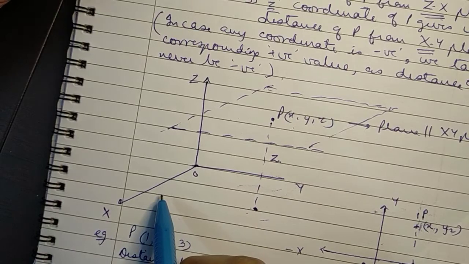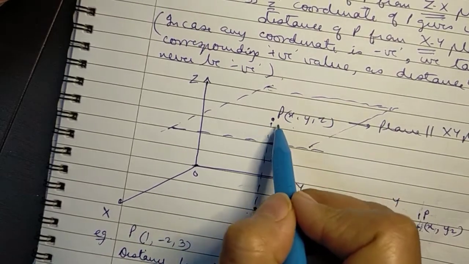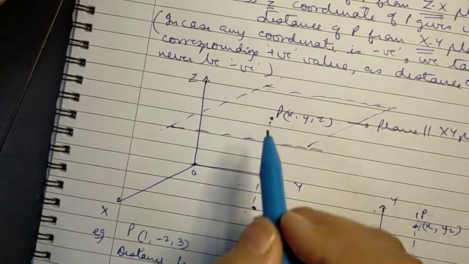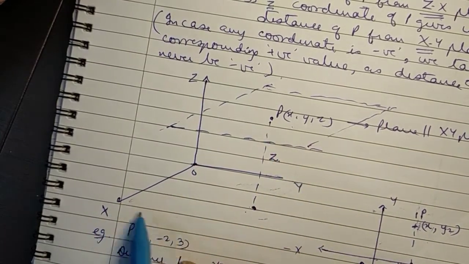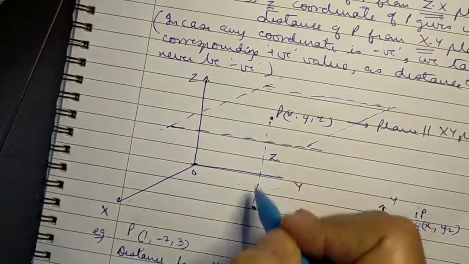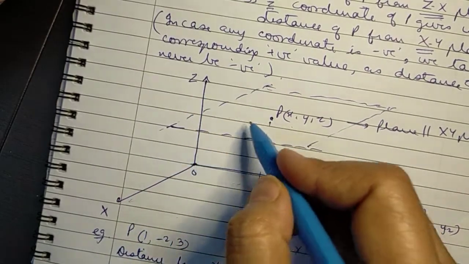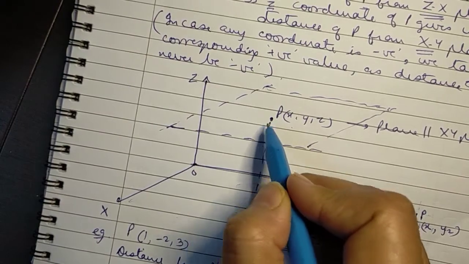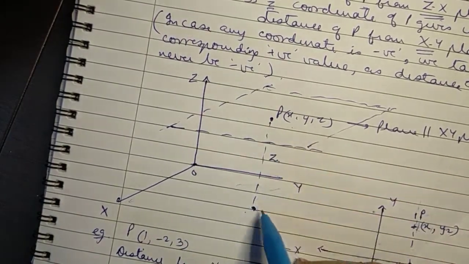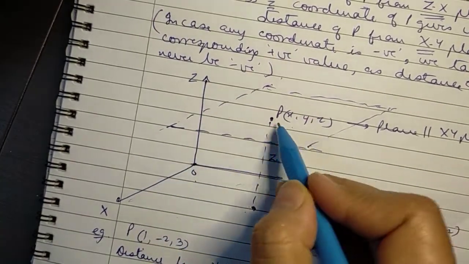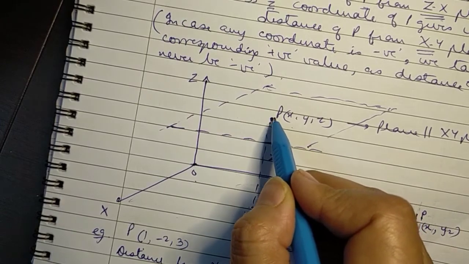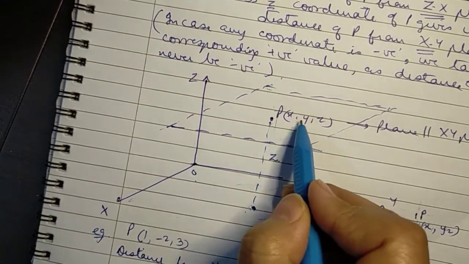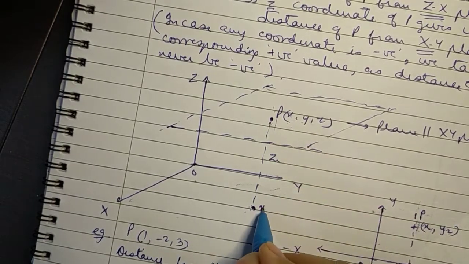Same way, suppose you have a point P(x, y, z), you draw a plane parallel to the xy plane. Now the distance of any point on this plane from the xy plane would be parallel to the z-axis. And so if you consider this line parallel to the z-axis, the distance between any 2 points on this line would be the difference between the z coordinates, since the x and y coordinates remain the same.